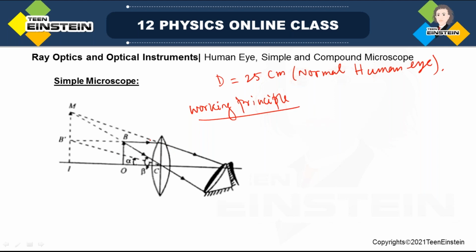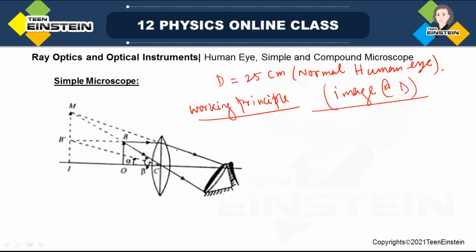When the image of the object has been produced at D, that is, the image at the least distance of distinct vision, so I am writing image at D. If we do that, what will happen?